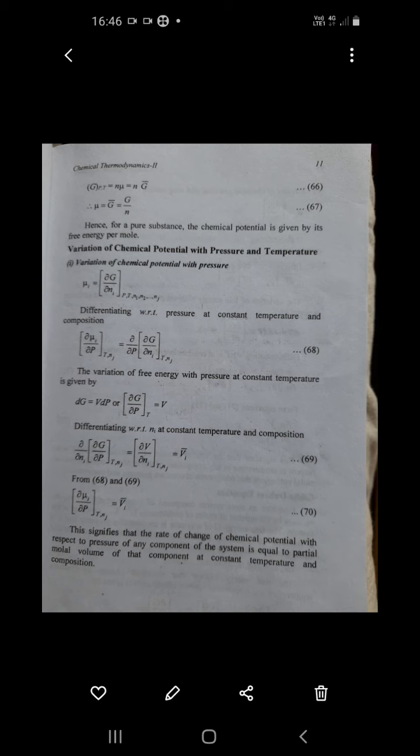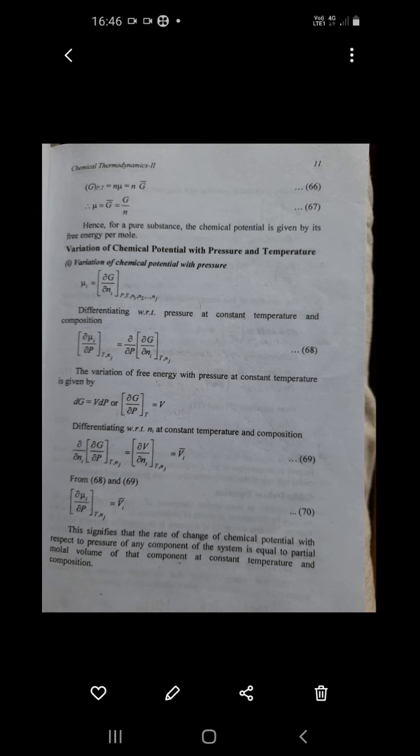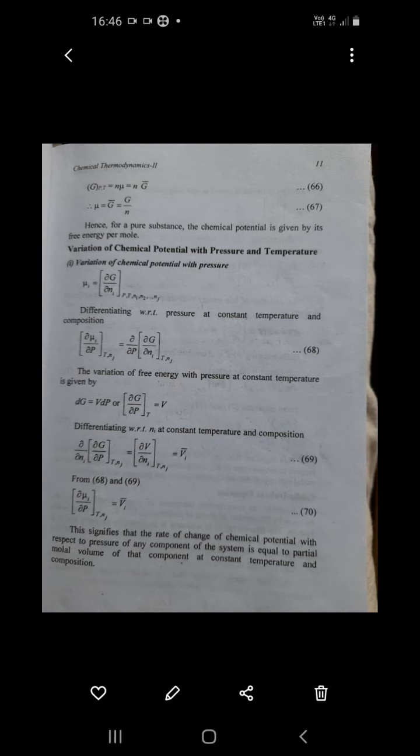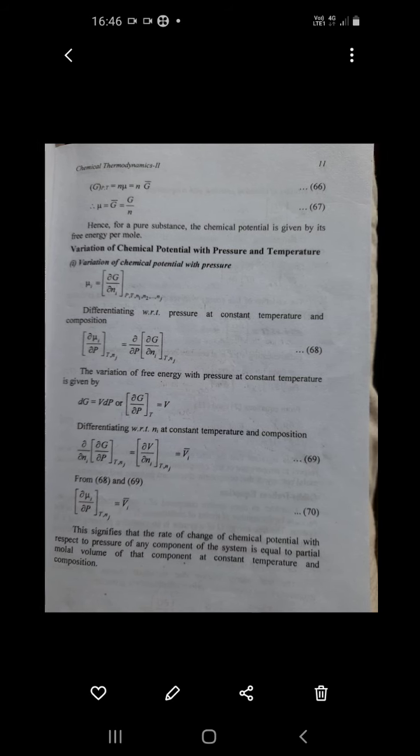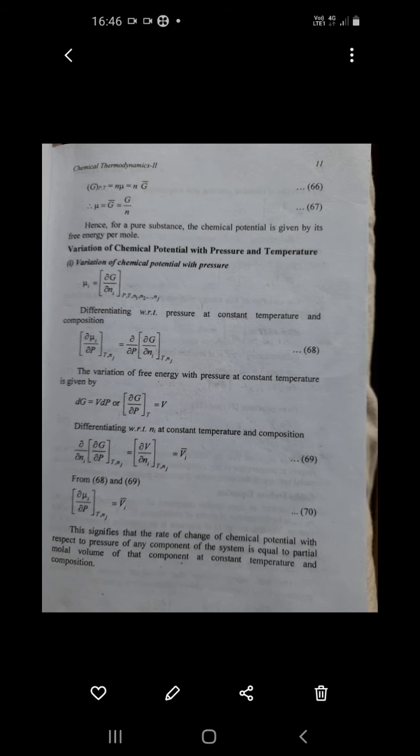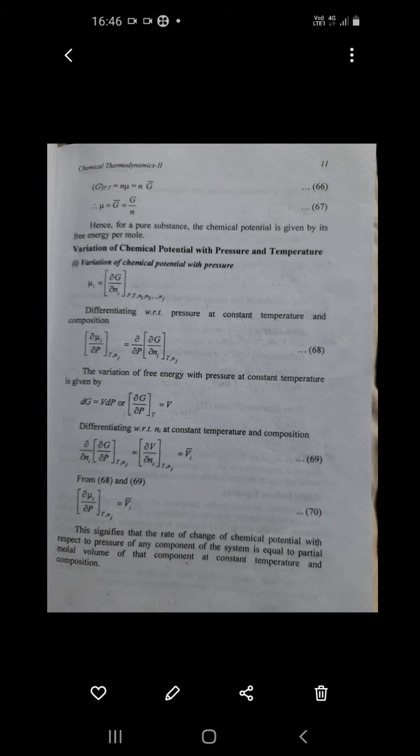This signifies that the rate of change of chemical potential with pressure of any component of a system is equal to the partial molar volume of that component at constant temperature and composition.